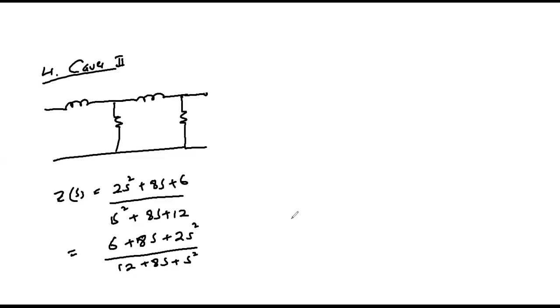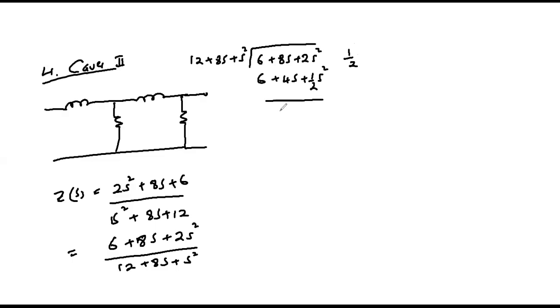Then we proceed to determine the continued fraction expansion for it, which we can write as 12 plus 8s plus s squared. We divide this into 6 plus 8s plus 2s squared. So I need 6 from 12, and therefore I multiply that by a half to get 6 plus 4s plus a half s squared, and the difference will give us 4s plus 3 over 2 s squared.